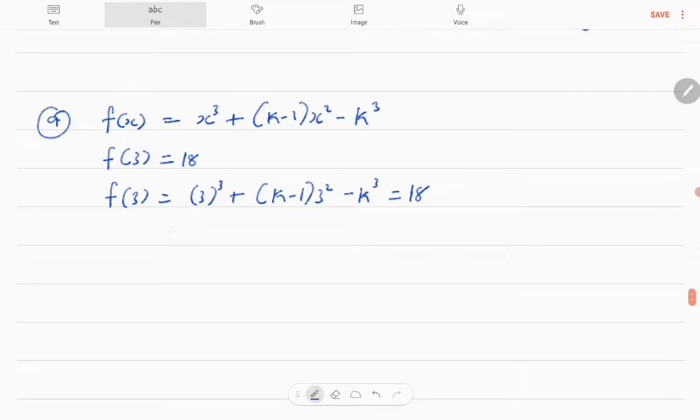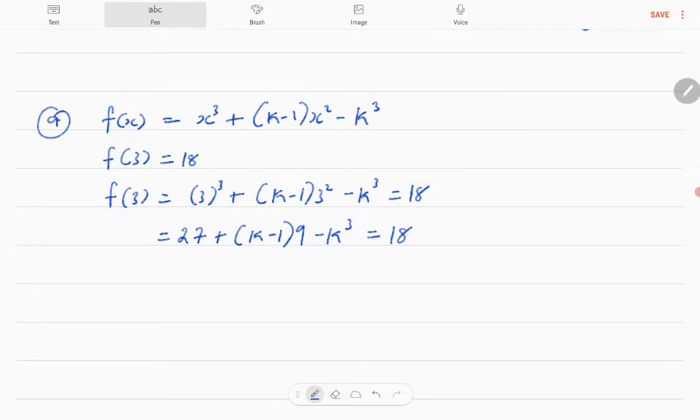So the cube of 3 is 27. 27 plus (k − 1), the square of 3 is 9, minus k³ is equal to 18.